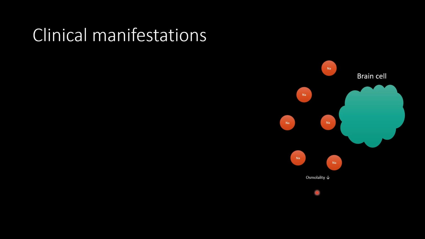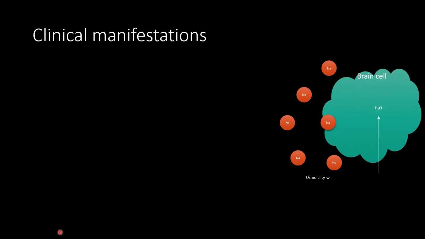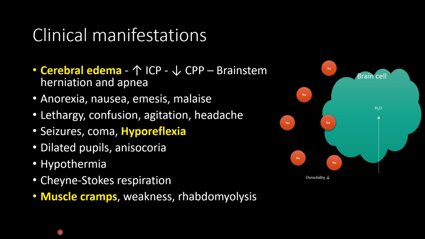Water will move from an area of low osmolality to a high osmolality. So what will that cause? From outside to inside the cell, the water is moving. That means it will cause the cell to swell. That means all the clinical features of hyponatremia will be predominantly the same as cerebral edema. Cerebral edema will be there because of brain cell swelling, that will lead to increased intracranial pressure.